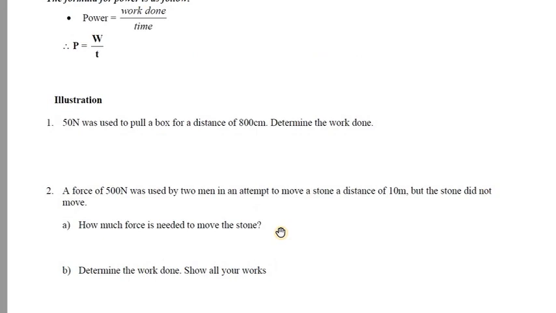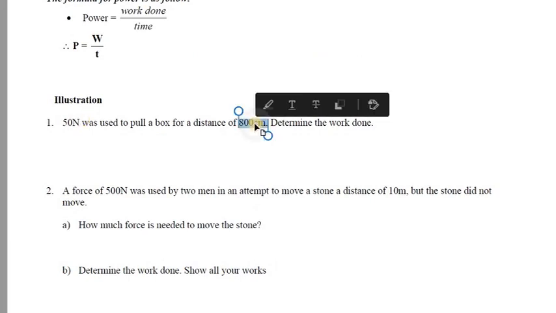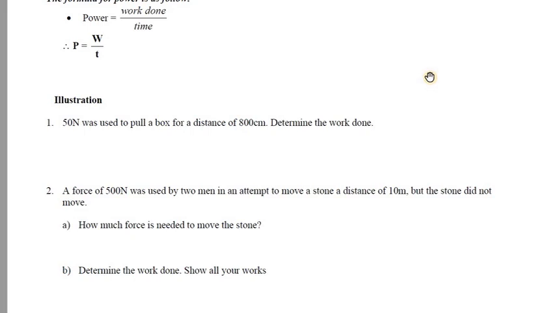Work done is calculated in Newton meters, so you have to say 50 newtons multiplied by, change these 800 centimeters into meters. Please, don't say 50 times 800 and end up getting 40,000 and say 40,000 joules of work was done, just because you didn't have the presence of mind to change your centimeters to meters.